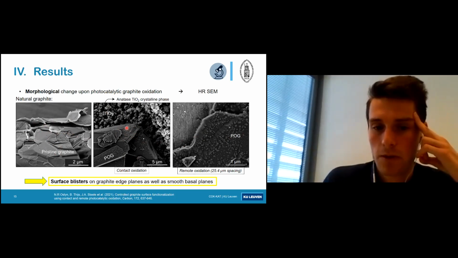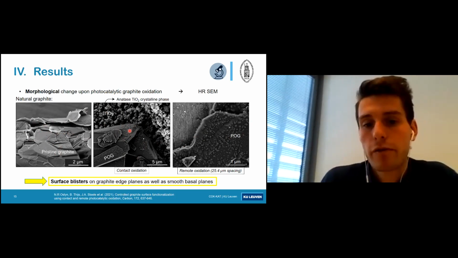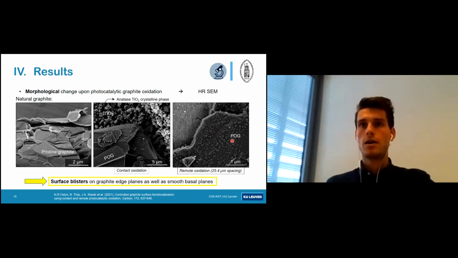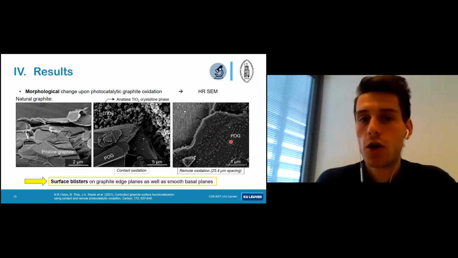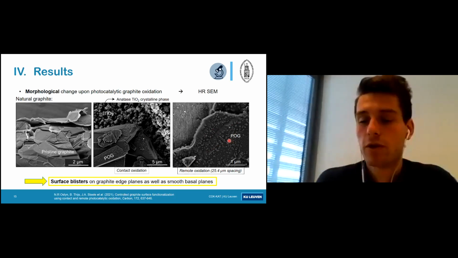Here you can see, mostly at the edges, very abundant surface blisters or very large bumps and protrusions at the edges of the graphite material. With remote oxidation, we see a more uniform blistered surface due to the distance between the photocatalyst and the graphite layer.